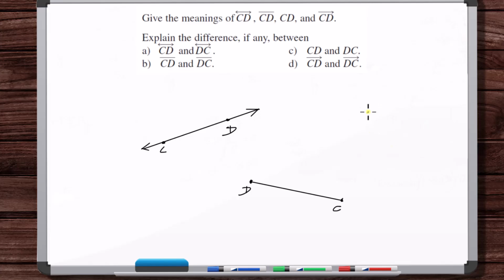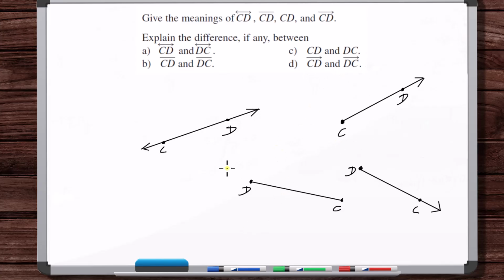It's implied that if I say ray CD, then the endpoint of the ray is at the first letter, and then it extends out through D. And if I say ray DC, then that implies the endpoint is at D and then it goes out through C.